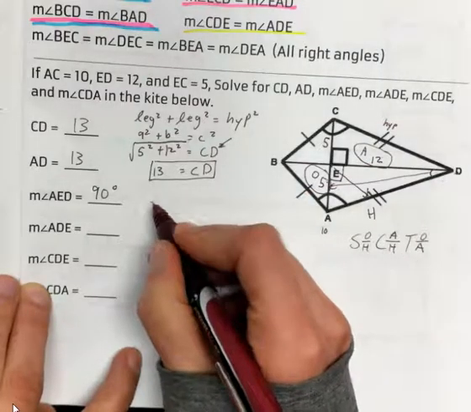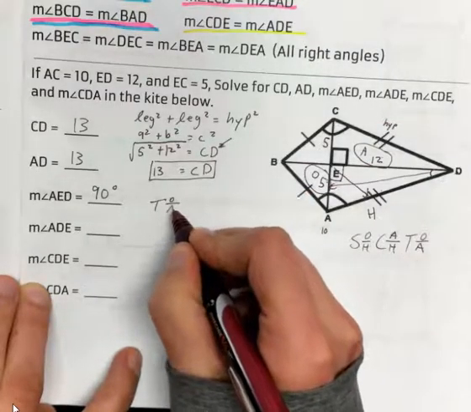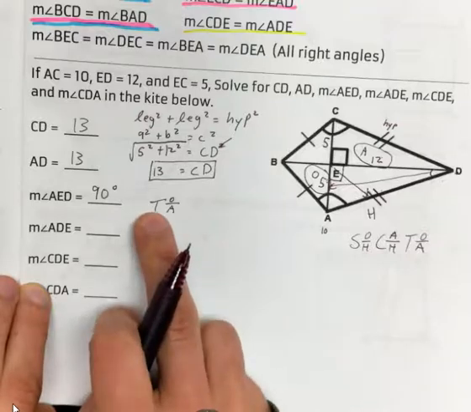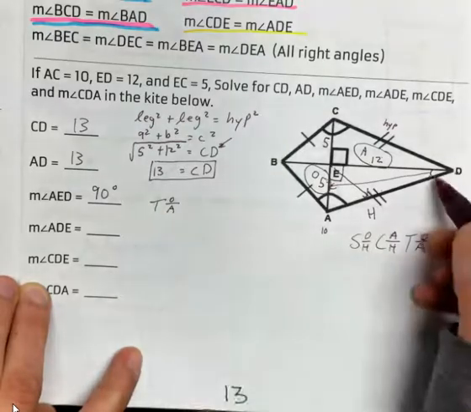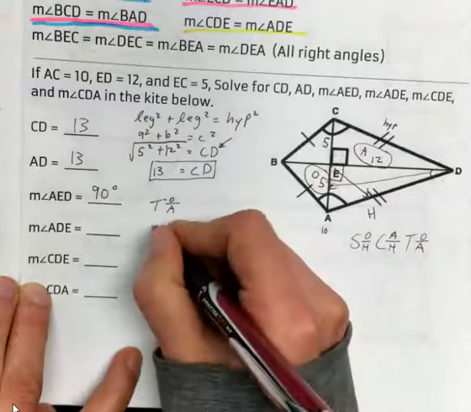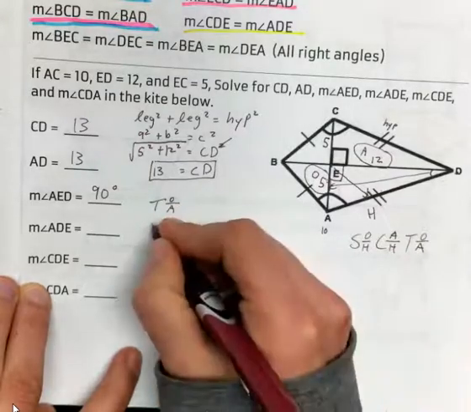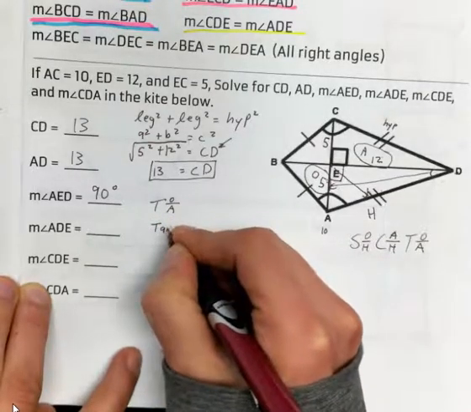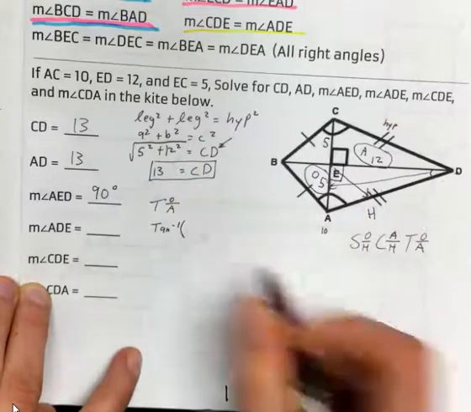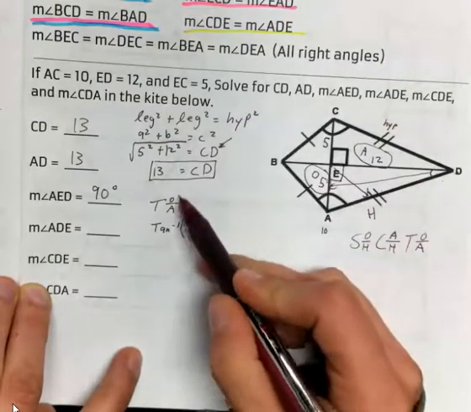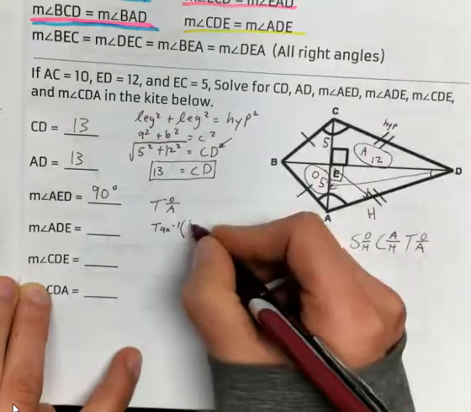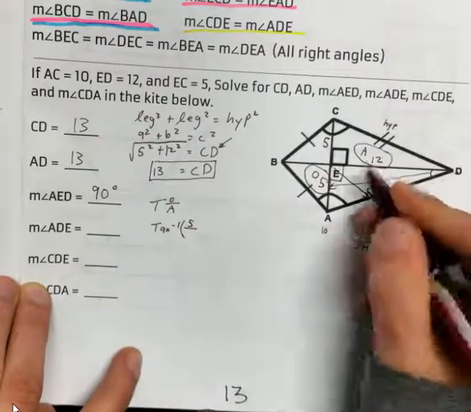So that's tangent, right? If my angle is my question mark, then I'm going to use the inverse function, right? So tangent inverse of O over A. O was 5 and A was 12.